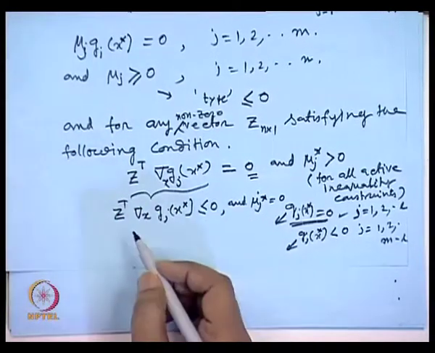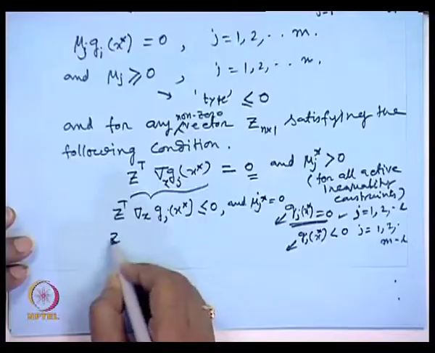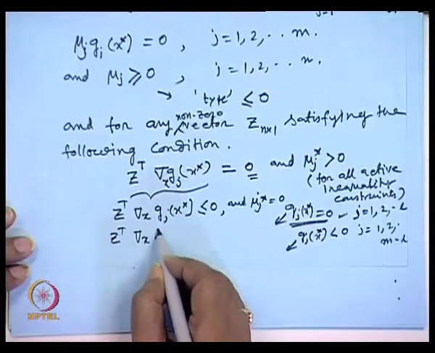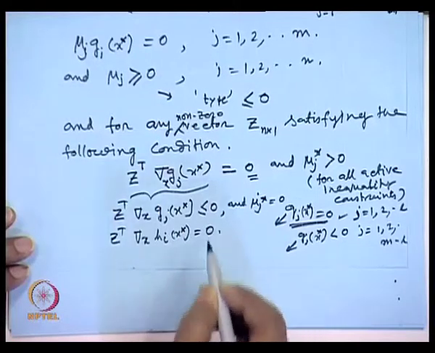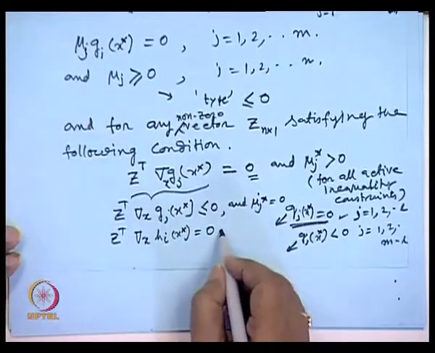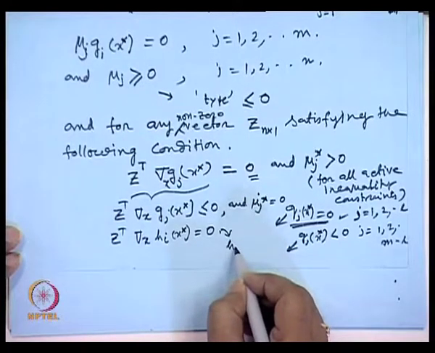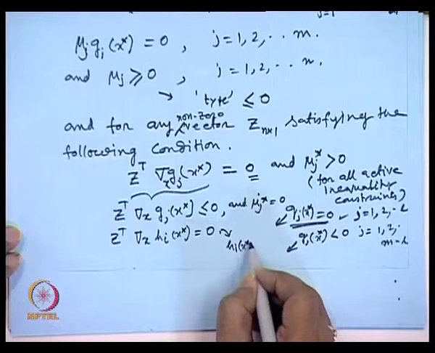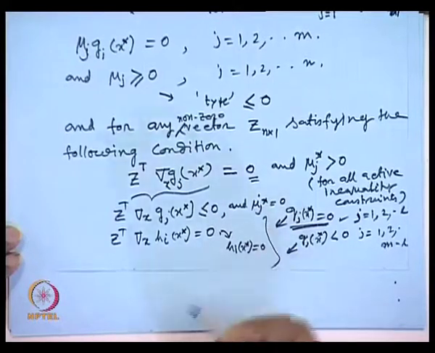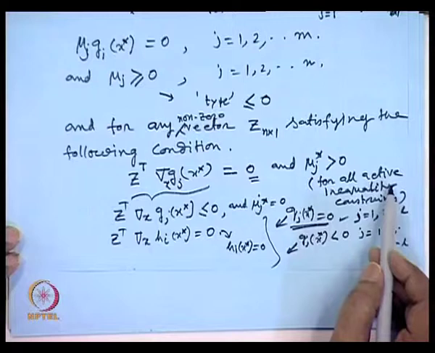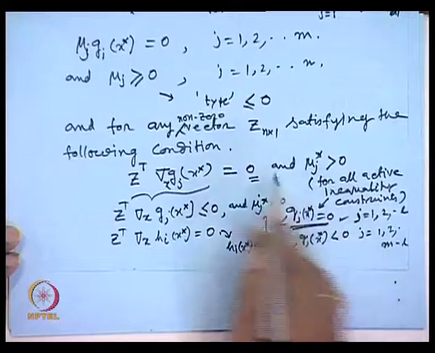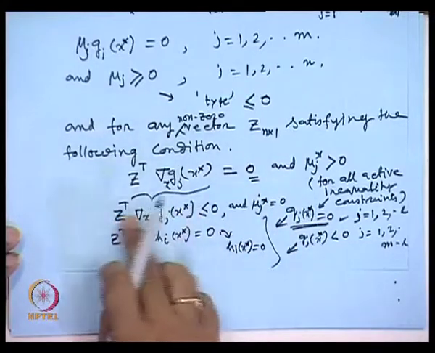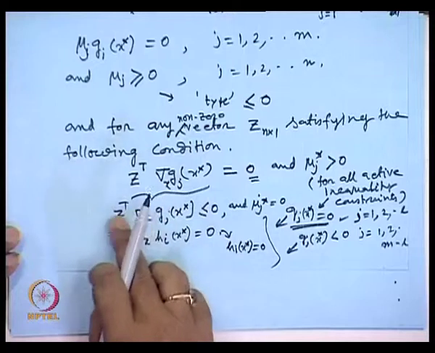And next, similarly for the equality constraints, z transpose gradient of h_i of x star is equal to 0 for all constraints, that is, for all constraints h_i of x star equal to 0. This is for the active inequality constraints, meaning when g_j of this is 0, these conditions hold. This is for the inactive constraints.